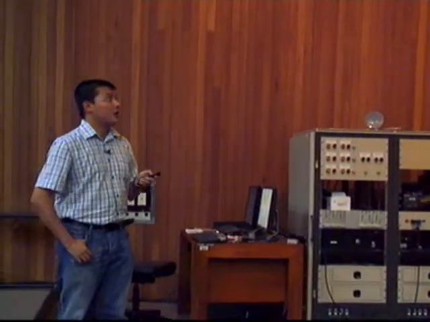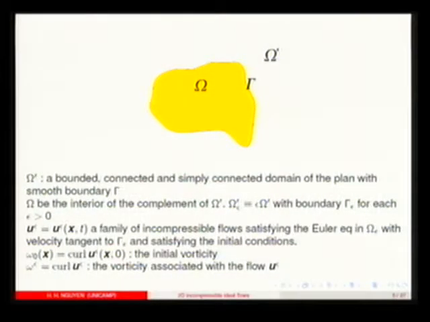Here, omega is the bounded domain and gamma is its smooth boundary, and omega prime is the exterior of omega bar.